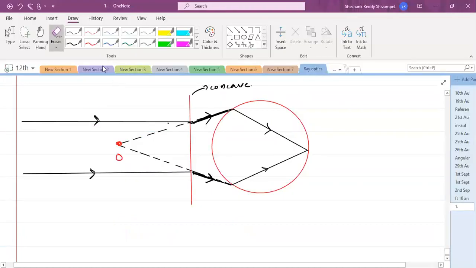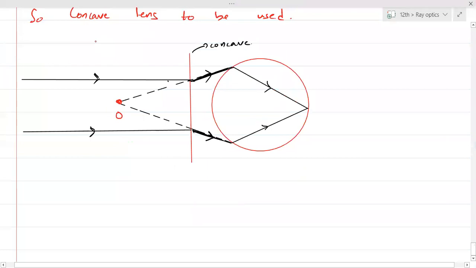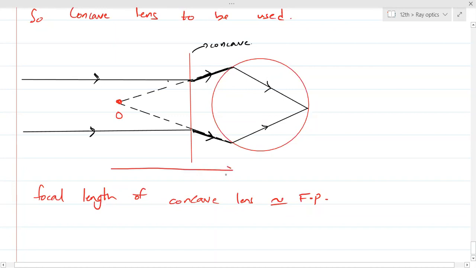So what should the focal length of the concave lens be? देखो ये distance काफी neglected, okay? The distance between the lens and the eye will be neglected. Is the focal length of the concave lens equal to the far point? ये far point है ना? This is the far point, right?